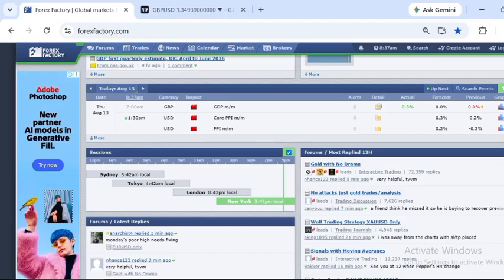All right, so the economic data today shows UK GDP month over month, and we have the actual as 0.3%, the forecast as 0.0%, and the previous as 0.0%.